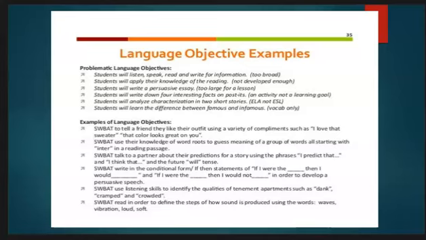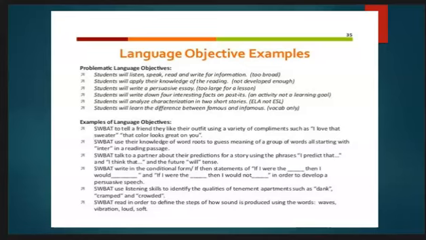Students will write a persuasive essay. Well, students writing an entire persuasive essay, that's far too large for one lesson. What's the objective in this particular piece that you're going to do in this lesson? Students will write down 4 interesting facts on Post-it notes. That is an activity, but that is not a learning goal. Students will analyze characterization in 2 short stories.